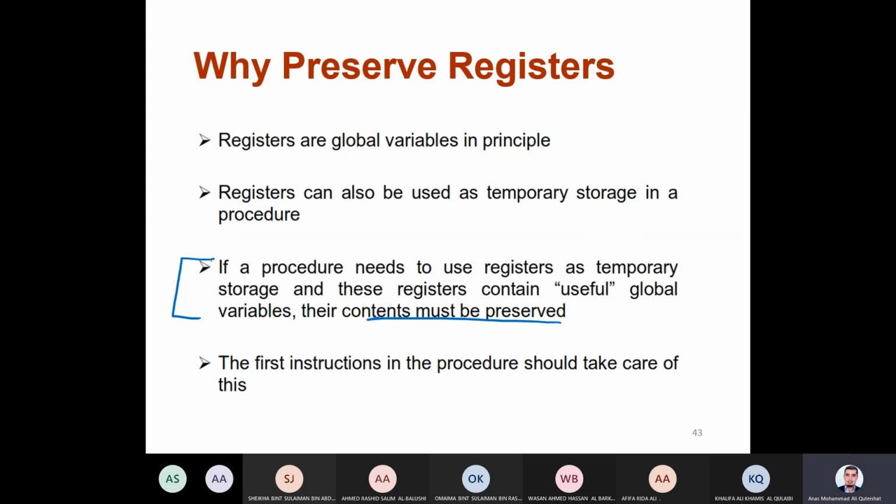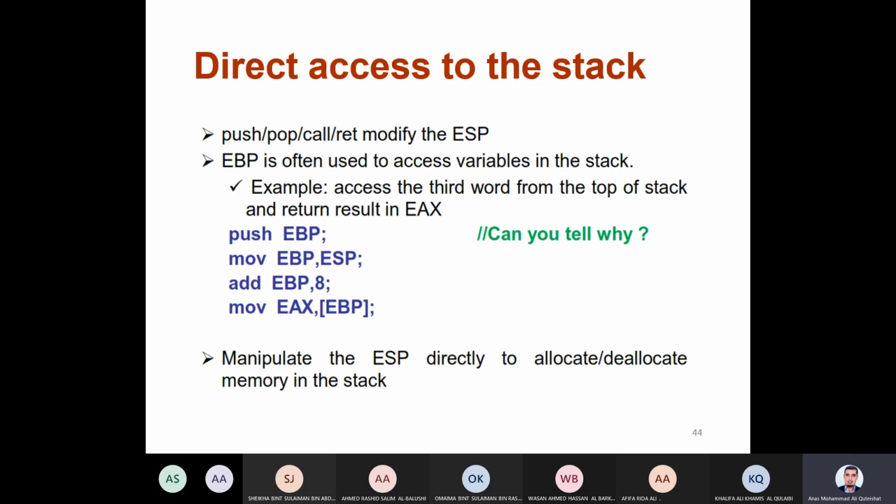Procedures are small functions that you call from the main program. When you need them, it's sometimes better to preserve the values of the main registers so that you don't lose the information. So push, pop, call, and return all modify the stack pointer.